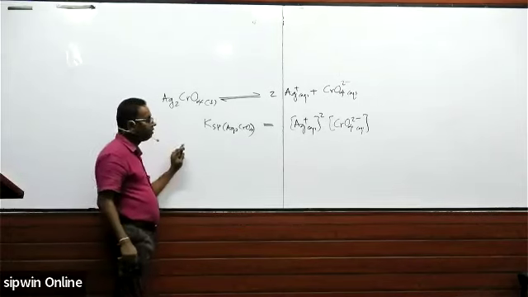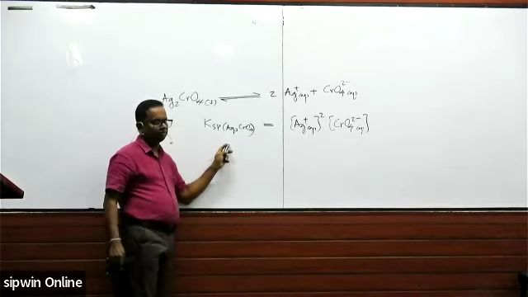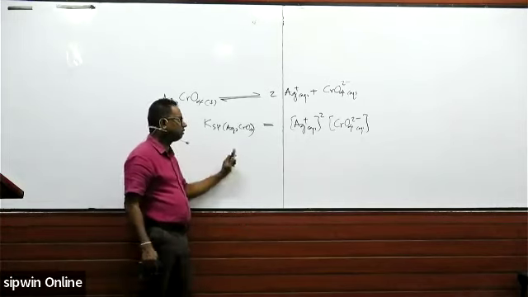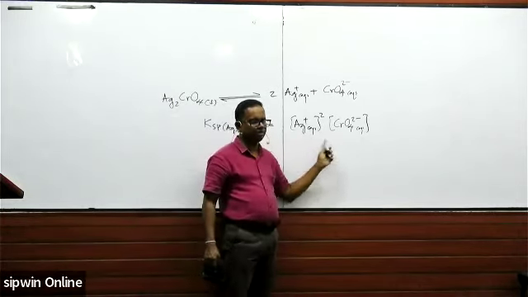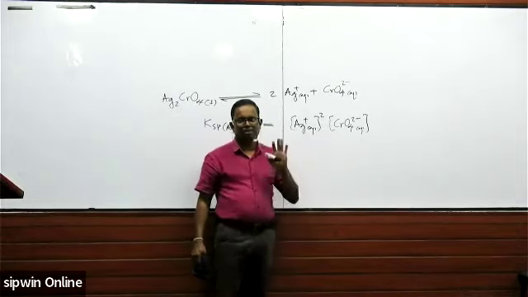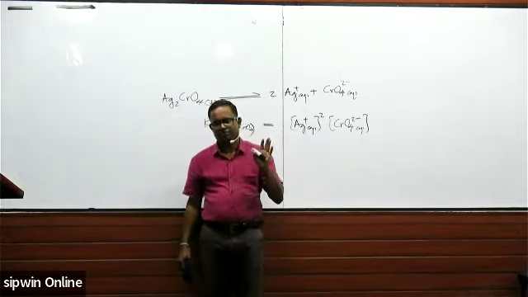Means, say for example, this one: this Ksp value at 25 degrees Celsius. Under that condition, if you take the silver ion concentration and chromate concentration like this, that product is a fixed value.